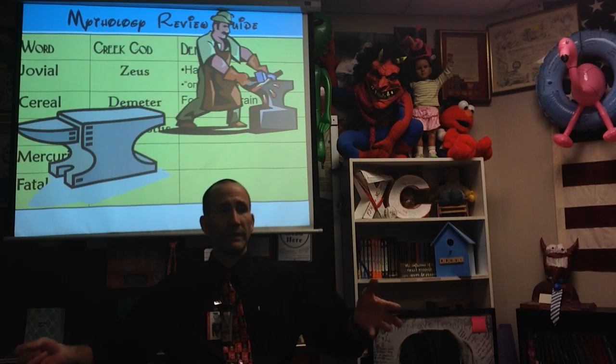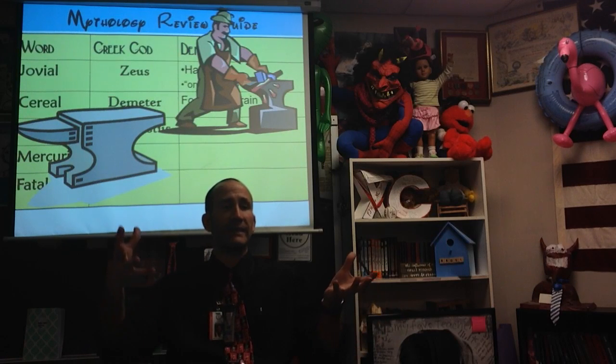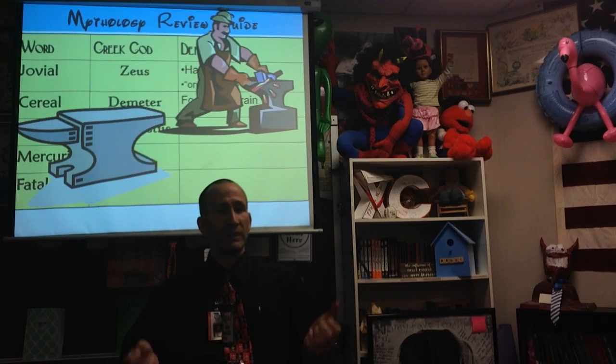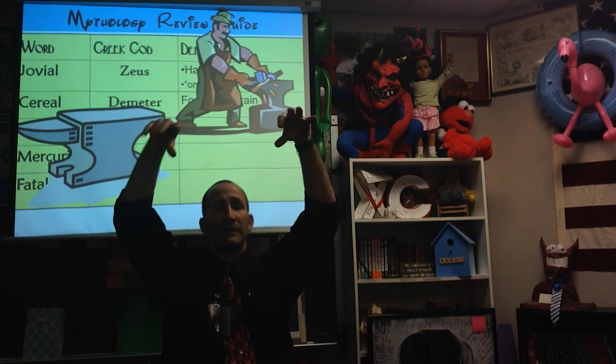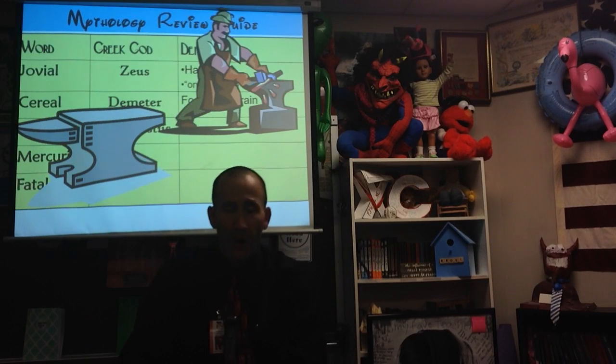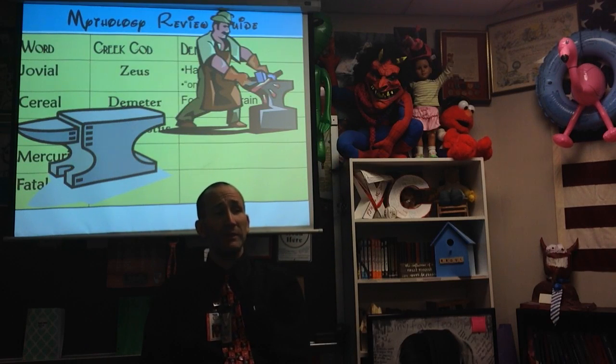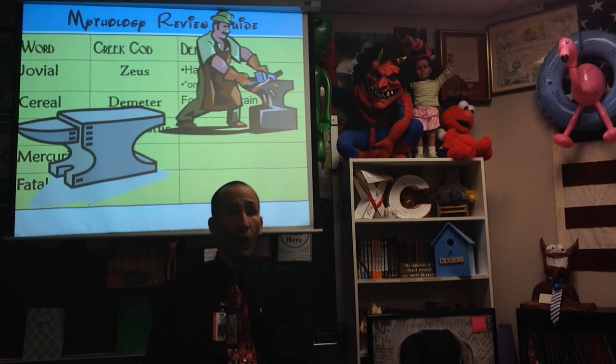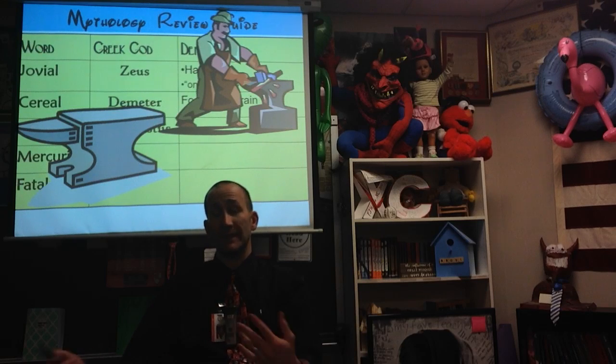But as he worked, all of the heat that would be generated would build up, and eventually it would swell up, get to the top of the mountain, and pop off the top. Whenever they saw that happen, they assumed that was the place where Hephaestus had his forge, and they would say, that's the home of Hephaestus. Well, eventually the Romans come along, and they keep that same thing going, and say that's the home of Vulcan.